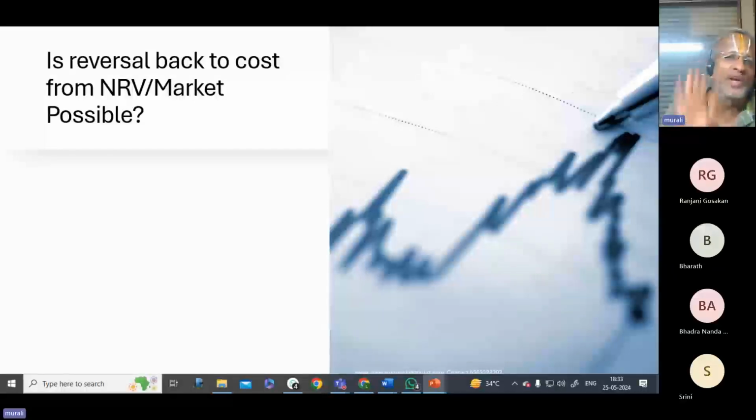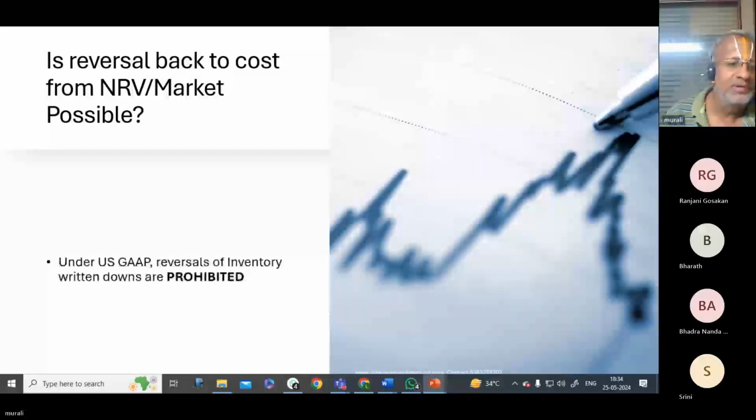So once written down, it is always written down. There is no scope for writing it back, reversing the write-downs. So under US GAAP, reversal of inventory write-downs is prohibited. Permitted in India, prohibited in USA. So I'm just trying to repeat that to drive home the point. Okay, next one.